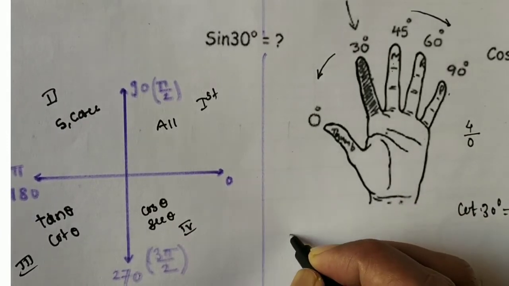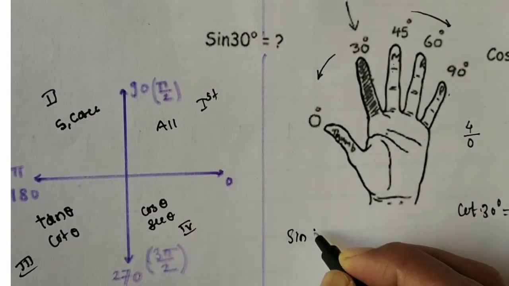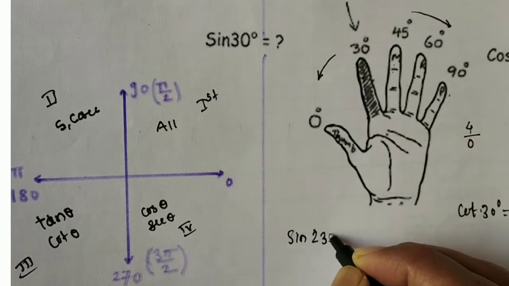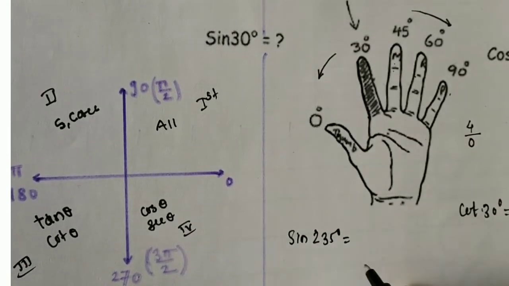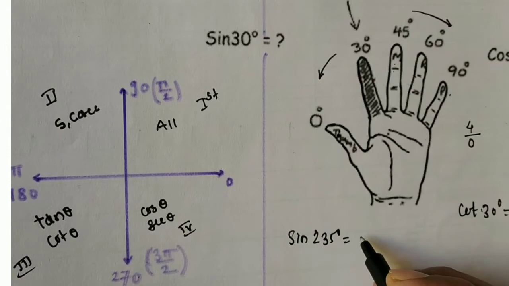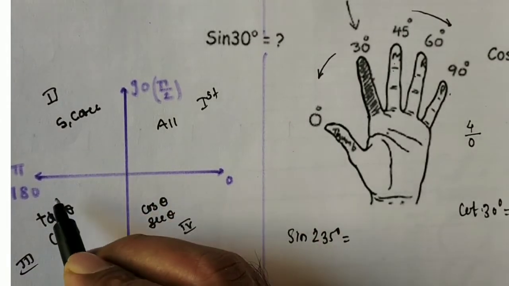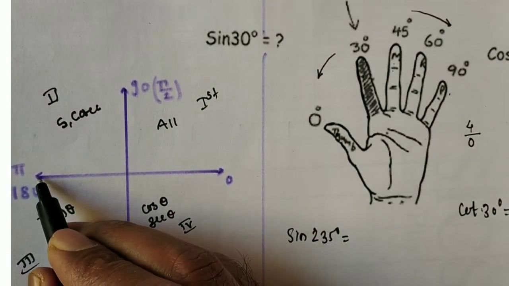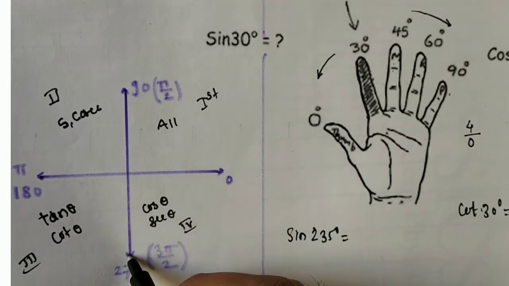Suppose I want to calculate the sine of 235 degree. Where does 235 lie? Between 180 and 270.